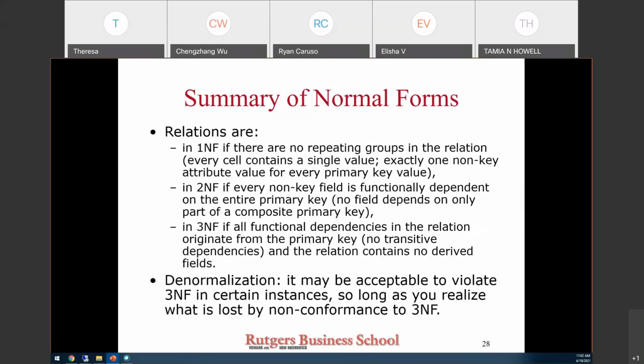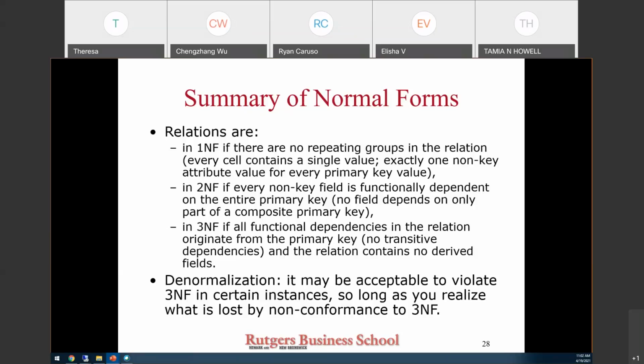So here is the summary of the normal forms. In first normal form, there are no repeating groups. In second normal form, no fields depend on only part of the composite primary key.